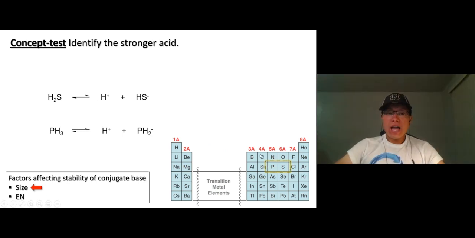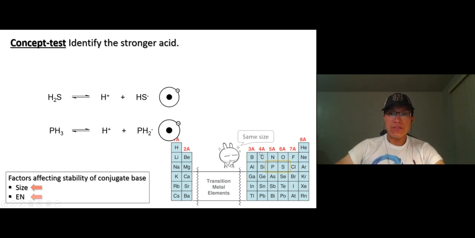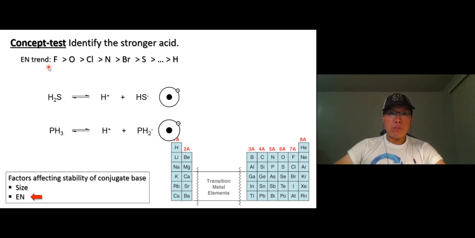Now the next factor is electronegativity. Let's look at electronegativity there. What's the difference there? Sulfur and phosphorus. If you still remember the mnemonic, sulfur is right here. Phosphorus is not even in here, somewhere in here. So sulfur is more electronegative than phosphorus. Sulfur is closer to fluorine.